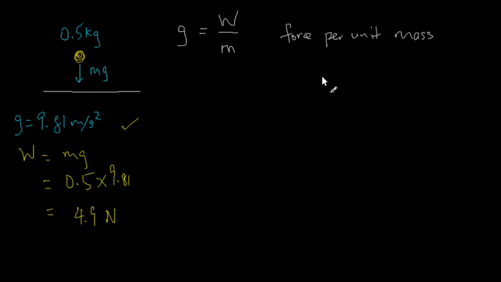So let's be a little bit more specific for this particular example. The force that we're talking about here is the weight, or the force of gravity, per unit mass.